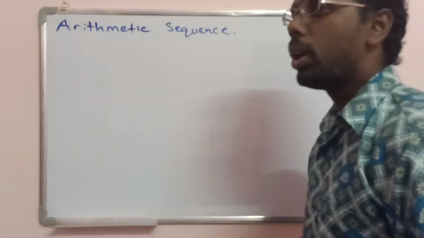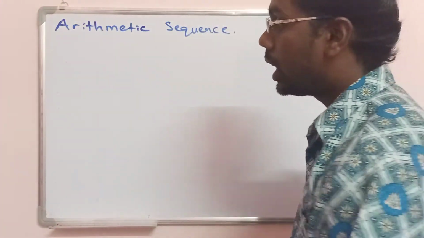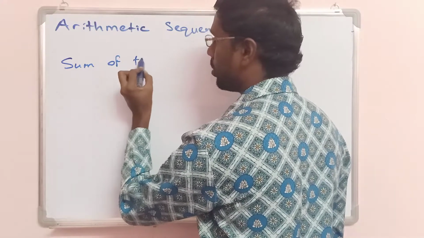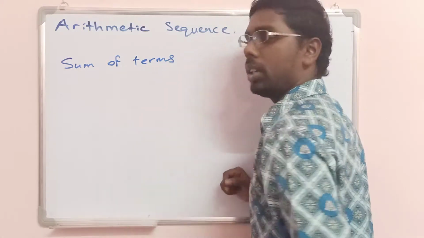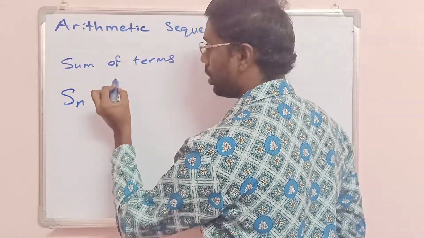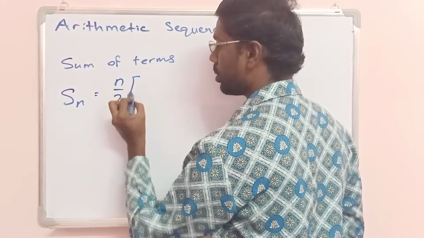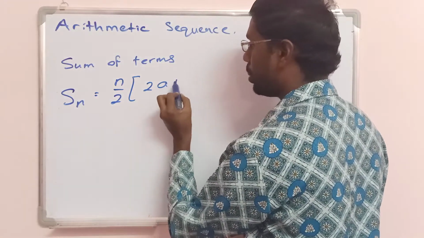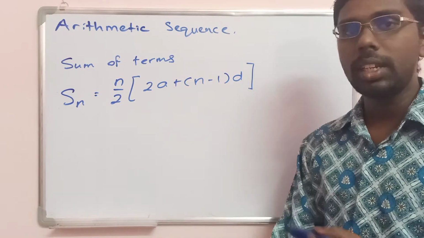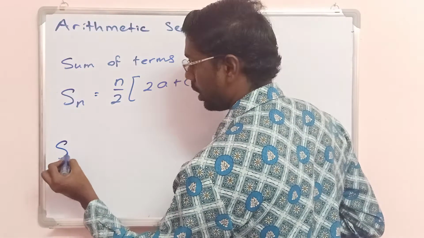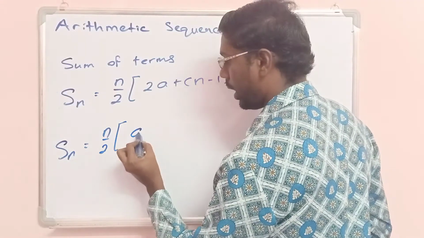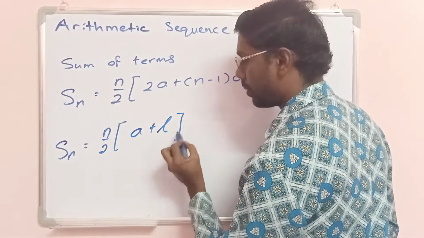So let's do a small recap on finding the sum of the terms. The formulas we use are Sn equals n over 2 times (2a plus (n minus 1)d), and another formula, Sn equals n over 2 times (a plus l).